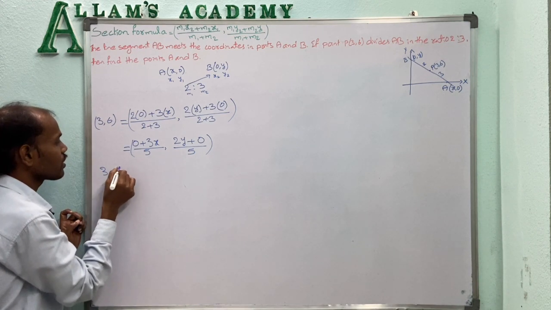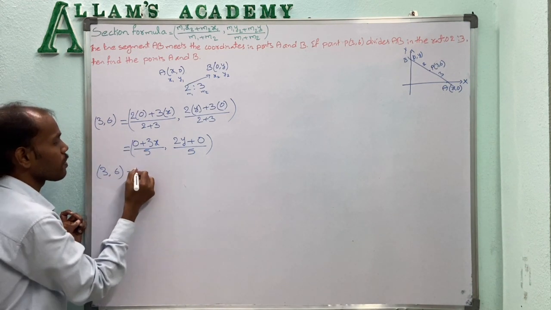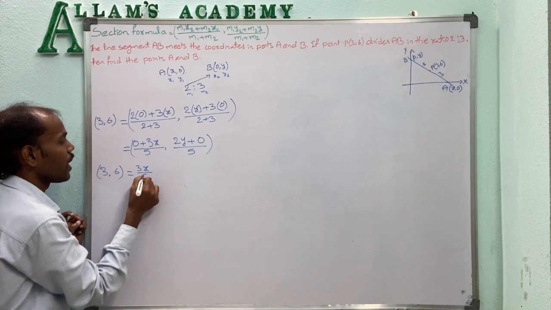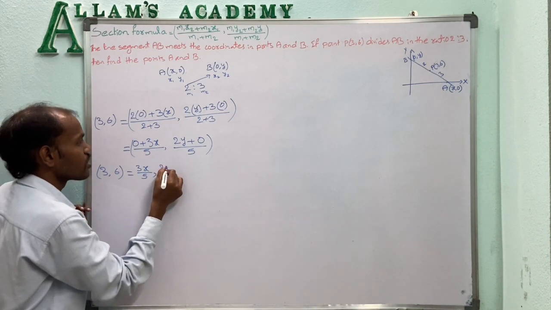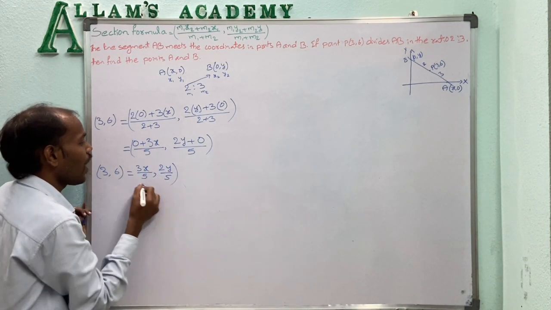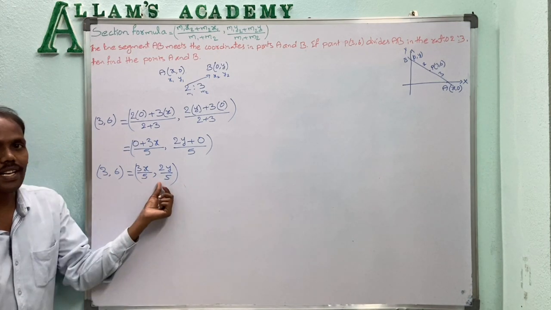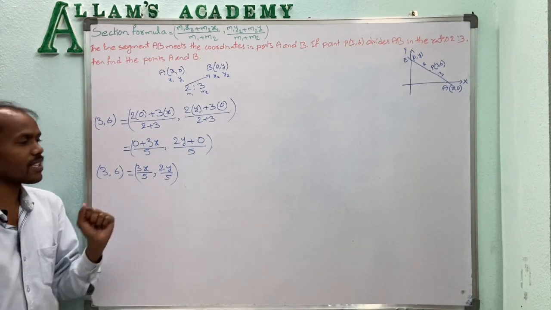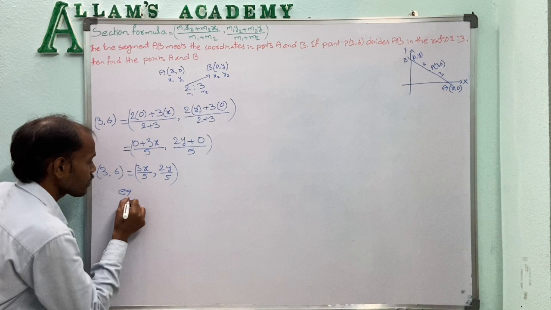So now the point (3, 6) is equal to (0 + 3x)/5 = 3x/5, (2y + 0)/5 = 2y/5. Now here both points are equal, for that purpose equalizing the coordinates.